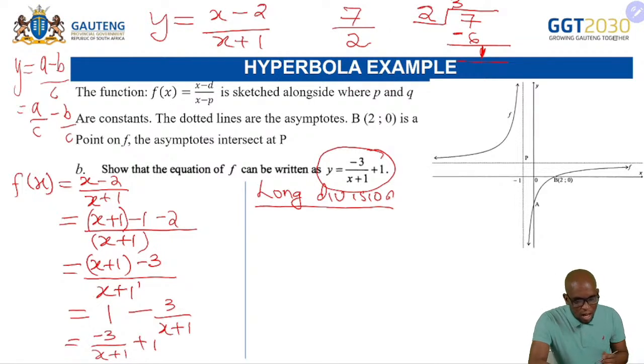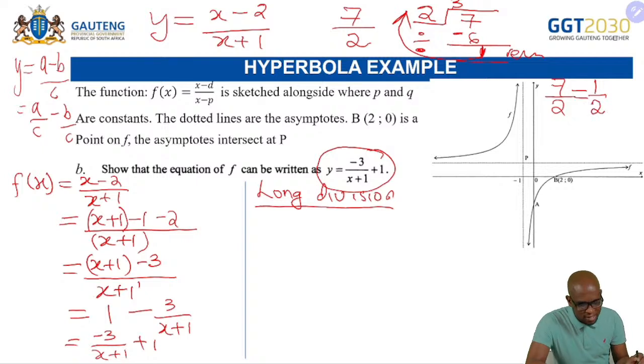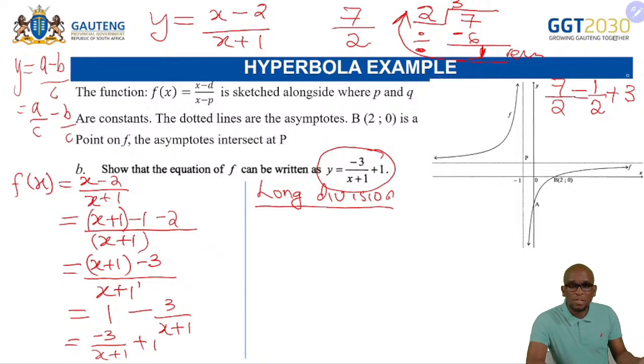Which means that now I can express the fraction 7 over 2 as the remainder, which is 1, divided by the divisor, plus the quotient. So if you check, 7 over 2 can be written as partial fractions, half plus 3. It can be written as 2 separate fractions, half plus 3.